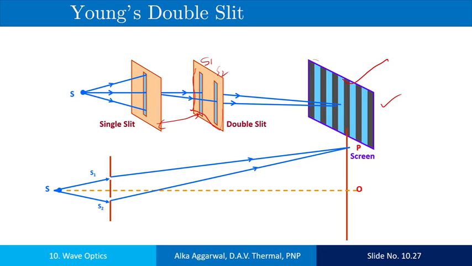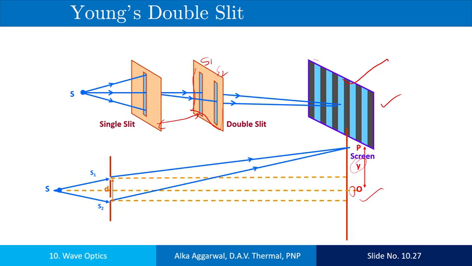O is the center point. It is equidistant from S1 and S2. So the waves reaching the point O from S1 and S2 are in the same phase, and so O is a point of the maximum intensity. The point P is at a distance y from the center of the screen.